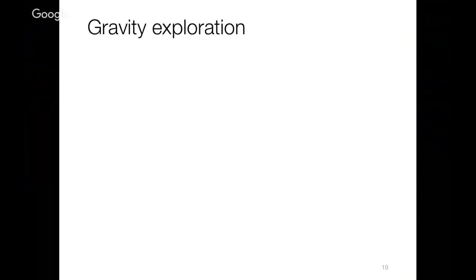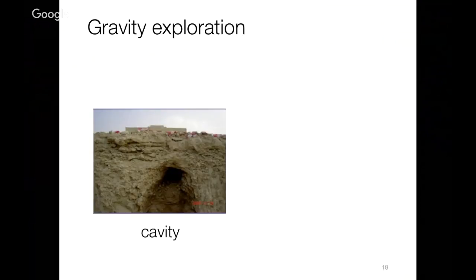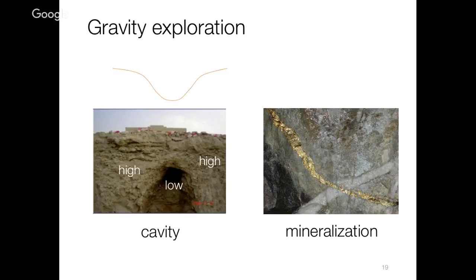So how is that used in geophysics? Well, suppose that you've got a cavity someplace. This has got a really low density. It's filled with air, or maybe even if it's filled with water, it's still going to have a low density. And so if you took some kind of instrument that measures the gravitational attraction over here, you walk over, you have a low value here, high values up there.